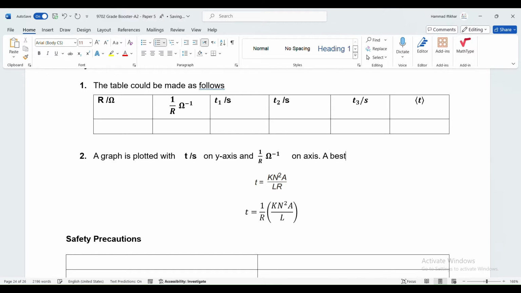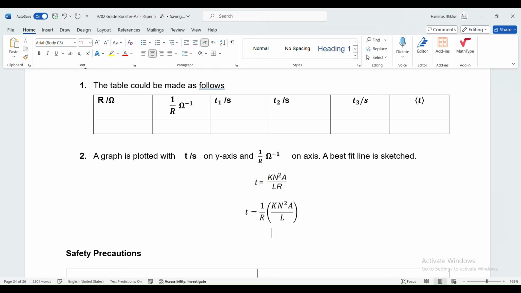A best fit line is sketched. Now, obviously, the hypothesis will only be valid if this indeed turns out to be best fit, if the best fit line can be drawn.